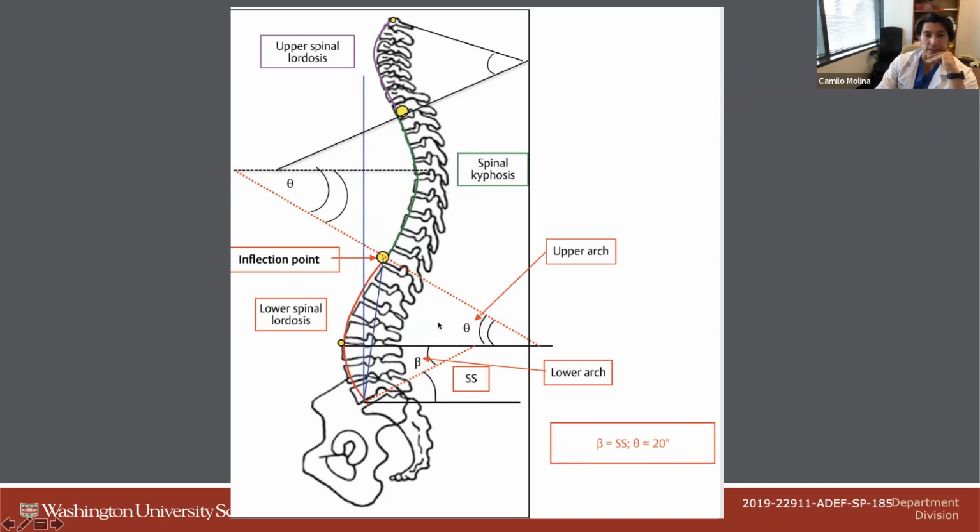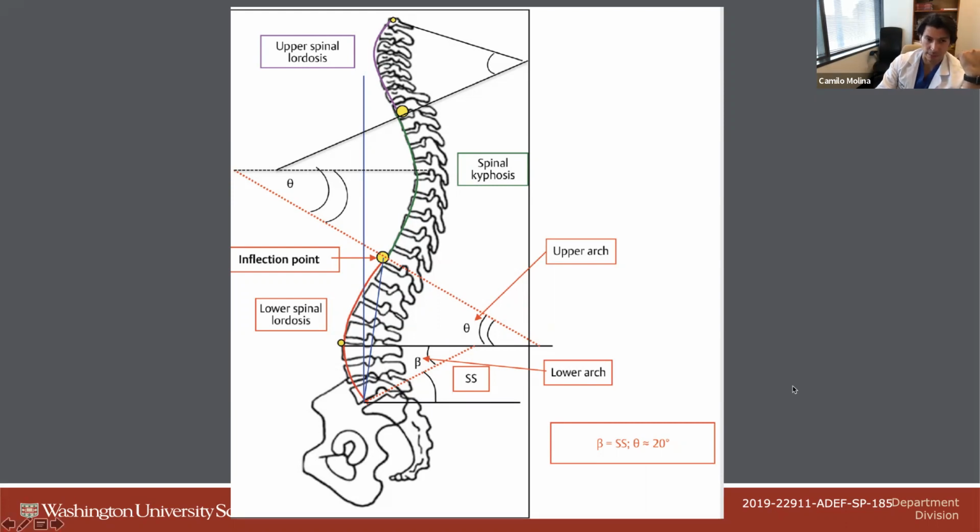The upper, and this is really, really important, the upper lordotic arch is equal to the lower kyphotic arch. And this tells you that if you flatten out the lower arch and start building lordosis in your upper arch, you're going to promote a compensatory kyphotic event in your lower kyphotic arch. And what does that mean?